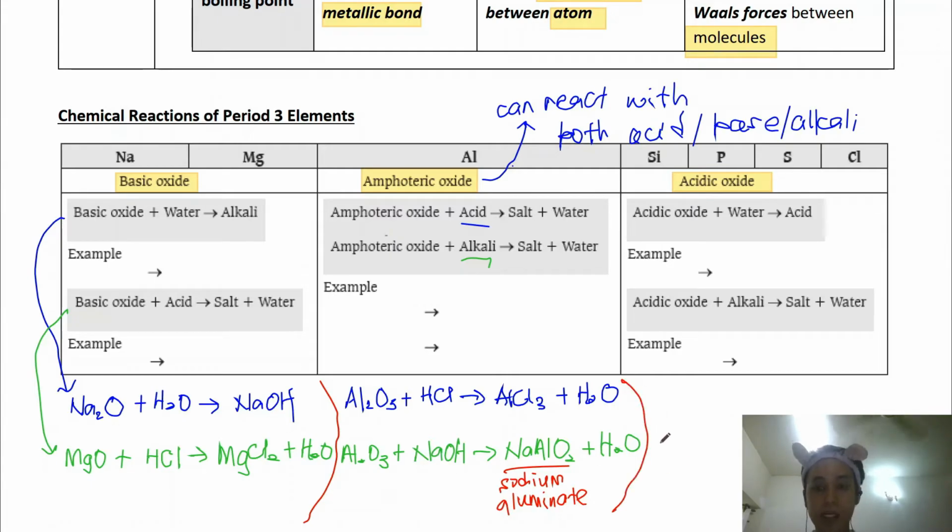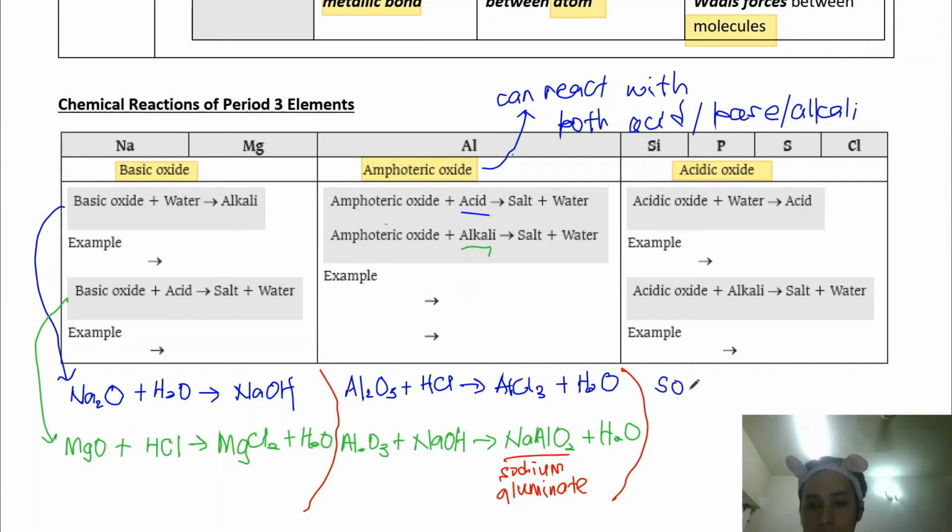And then the last one, which are the acidic oxides. Example, sulfur dioxide. If I react with water, I am going to get sulfurous acid. This is not sulfuric, this is H2SO3, not H2SO4. So this is called sulfurous, not sulfuric.